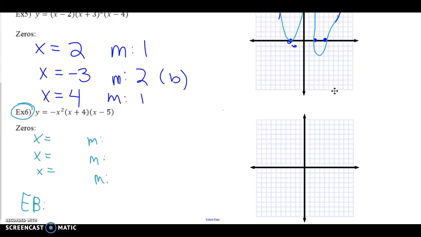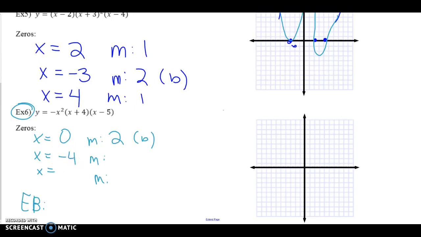So what's our first x-intercept? Negative x squared equal to 0 means x is 0. And the multiplicity of 0 is 2. It's going to bounce. Our next x-intercept, Mariah. Good.